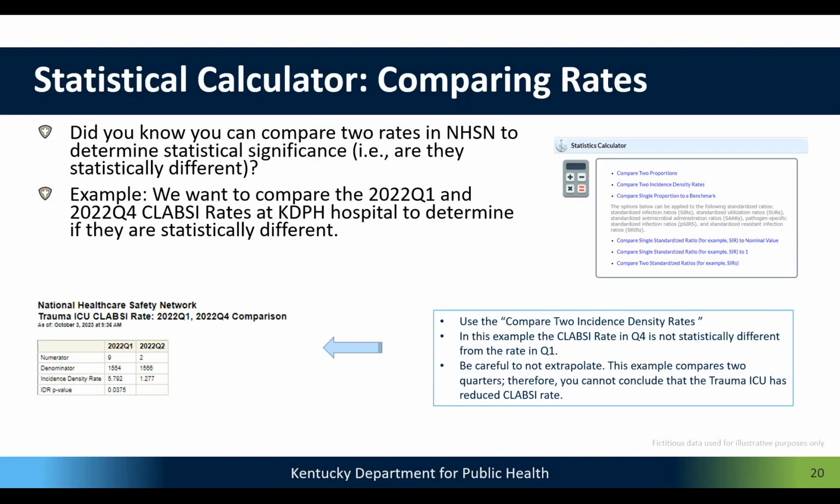But we want to be careful to not misinterpret this, as we are only looking at two particular periods of time. So we could not conclude that the CLABSI rate has significantly decreased over time. We can only say that there is an observed difference between quarter one and quarter four.